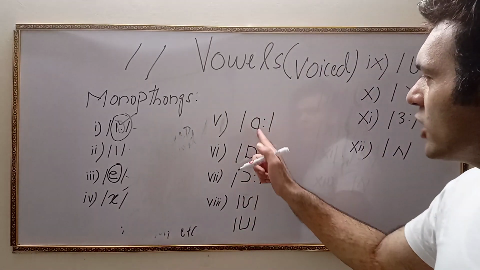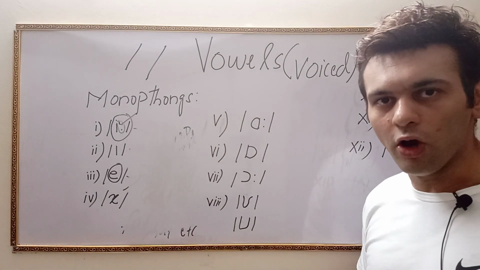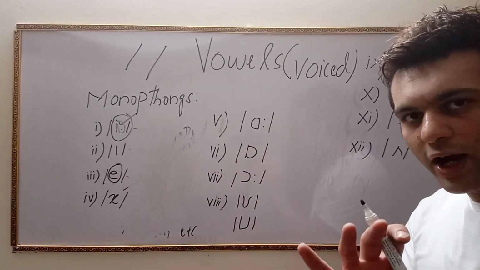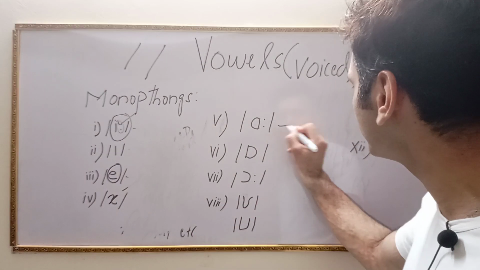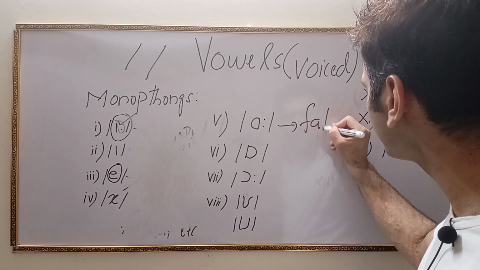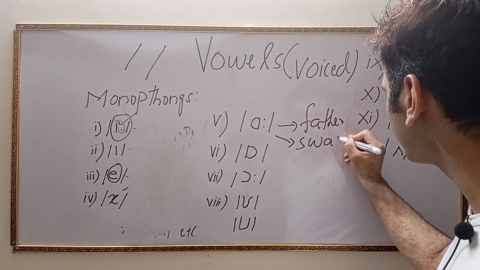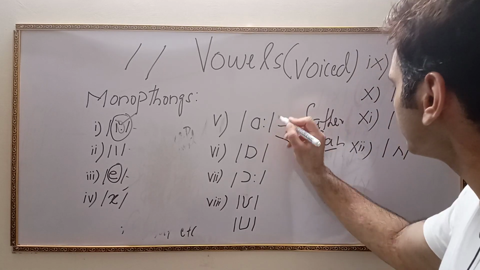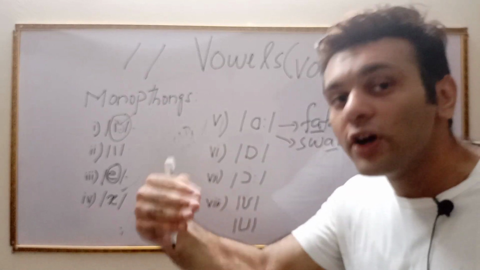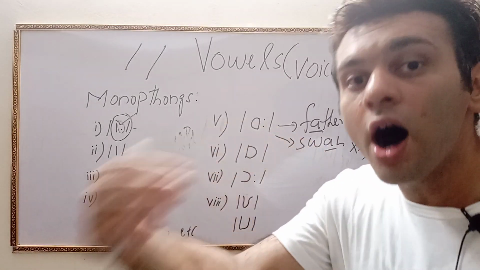The next vowel that we have is again a long vowel, and we can identify this vowel in an example like father, swan.